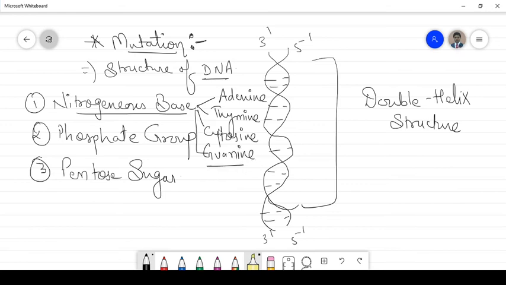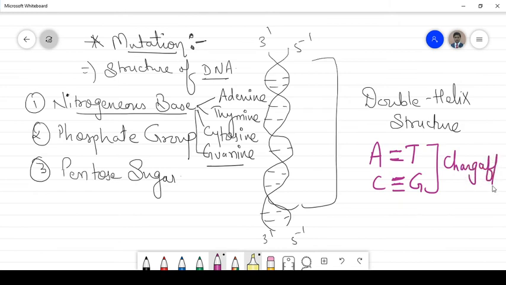Now, it is a rule in the pairing of nitrogenous bases that adenine will bind to thymine, and C will bind with G. That is, adenine to thymine and cytosine to guanine. Now, this rule is known as the Chargaff rule. It is known as the what? Chargaff rule, children. Scientist Chargaff discovered that.